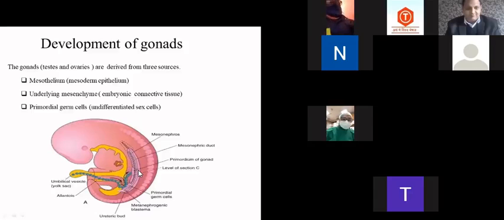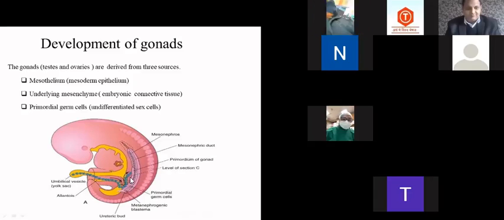So, development of gonads is from three sources: the mesothelium, that is mesodermal epithelium, the underlying mesenchyme, and the primordial germ cells. Those are the undifferentiated sex cells. So here we can see in this diagram, this was our nephrogenic cord. This was pronephros, mesonephros, metanephros. At the anterior part of this mesonephros, there is a proliferation of the mesoderm epithelium and its underlying connective tissue forming the gonadal ridge.